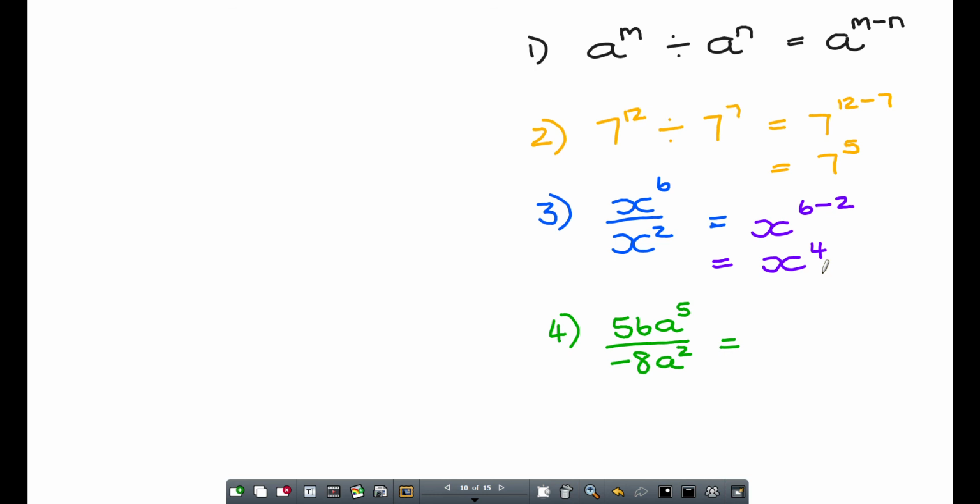Okay. At number 4, what I did is I put in coefficients as well. Now, forget about those a's. Let's say you only had 56 over minus 8. What would you have done? We simplify by seeing what can divide into both the top and the bottom.